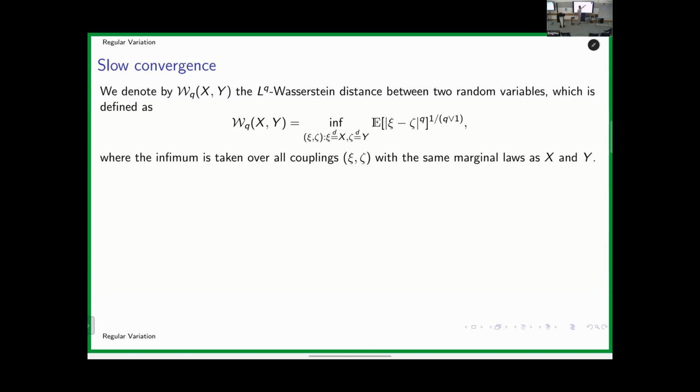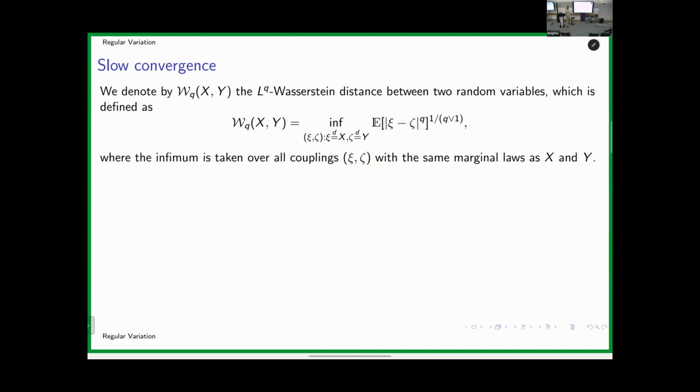I need to sometimes take the root 1 over Q if Q is larger than 1. It's not a norm, it's a metric. This is a distance: the minimal expected Q distance, where I consider all possible couplings of random variables psi and zeta that have the same marginals X and Y.